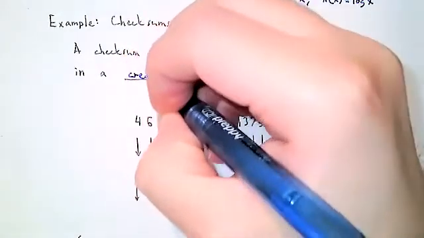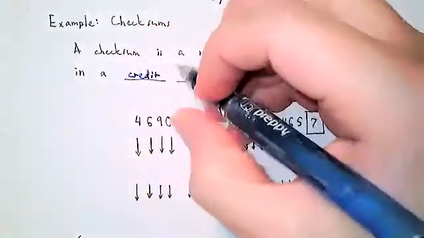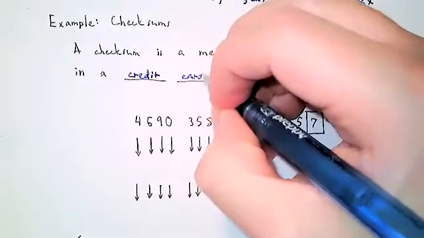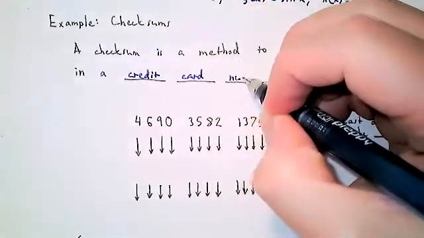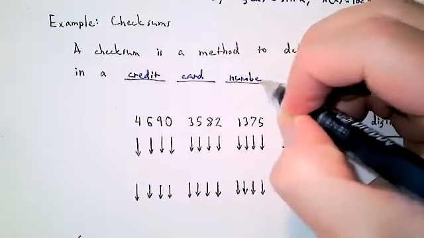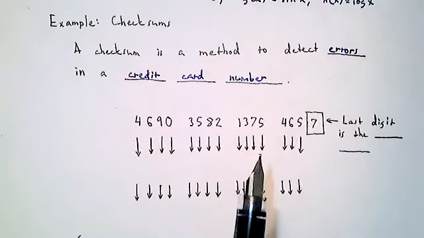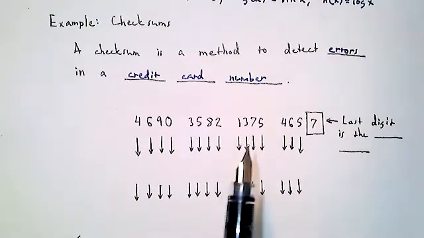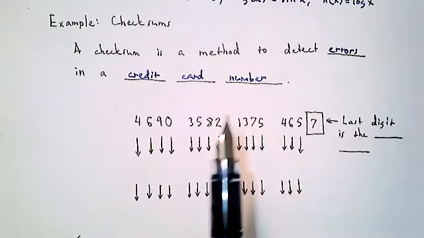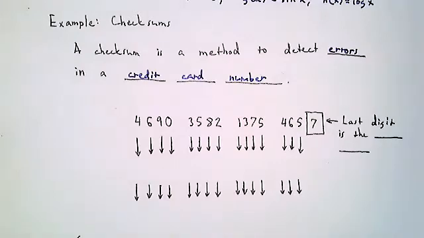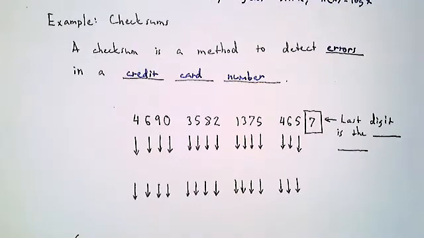It's not strictly speaking a security measure. It's a method to see if the person entering the number did it correctly, or if maybe they made a little mistake, like changing the order of two numbers, or maybe just writing down the wrong number. We can check for that with a checksum.